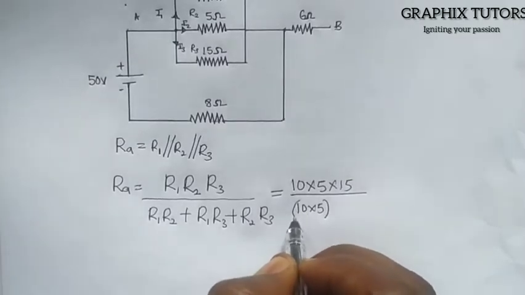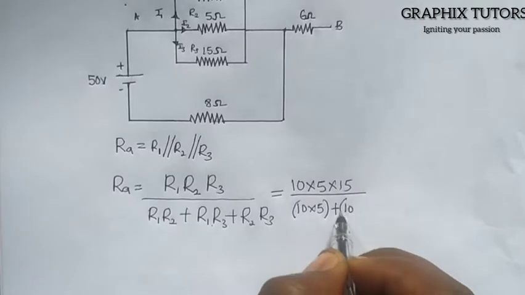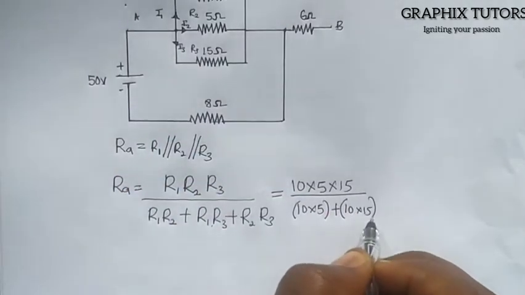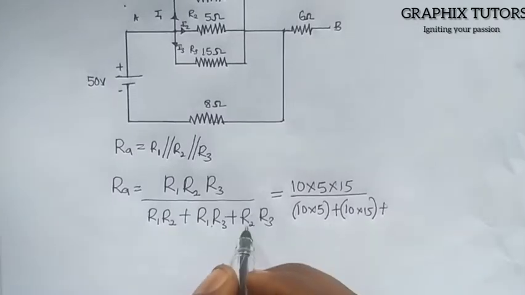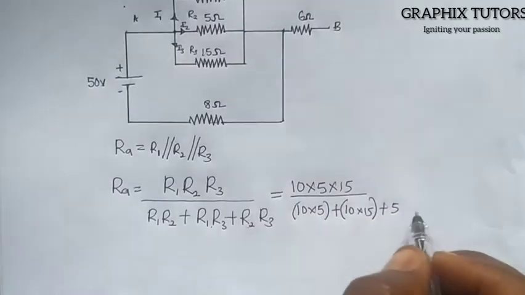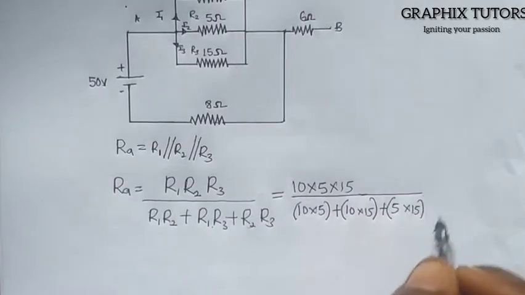That's the first one. Plus R1, which is 10, times R3, which is 15, plus R2, which is 5, times R3, which is 15. So this is what we're having.